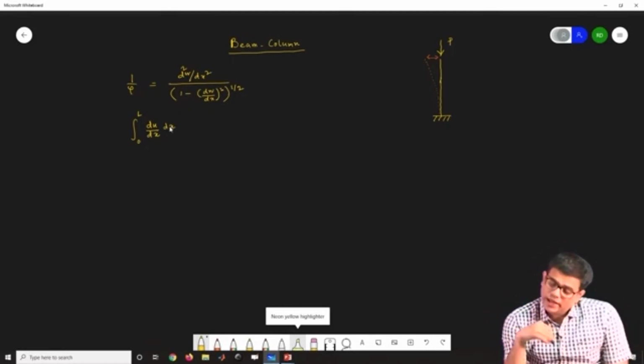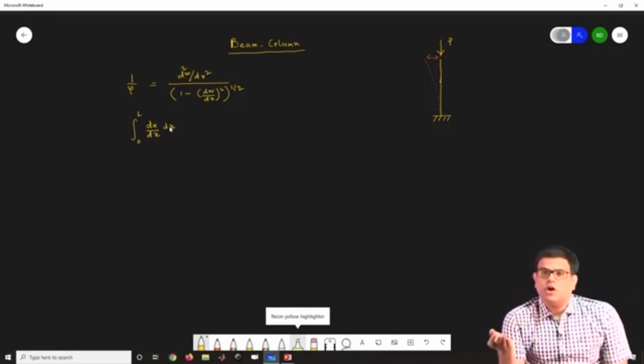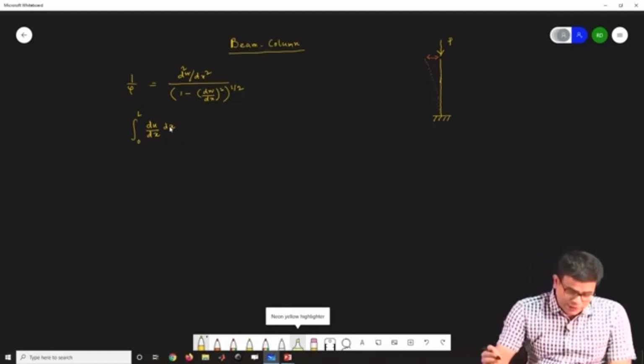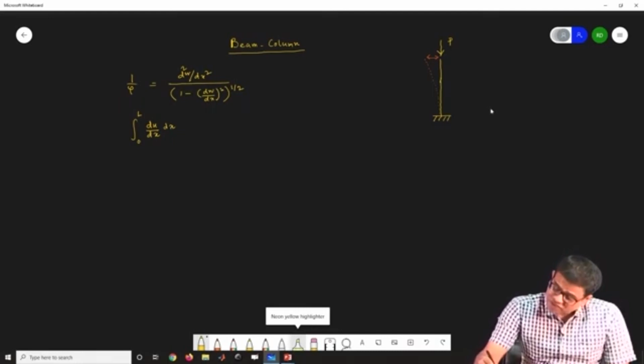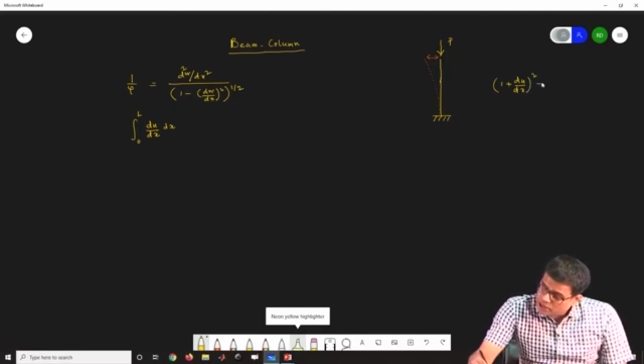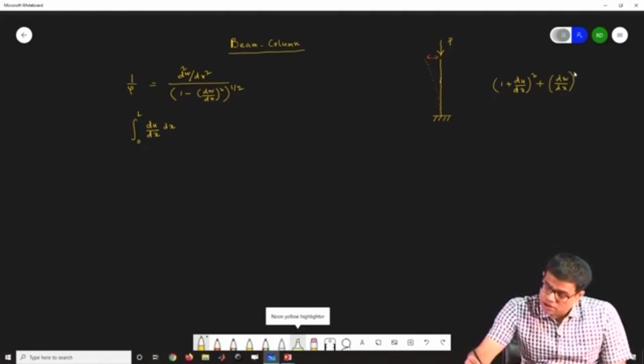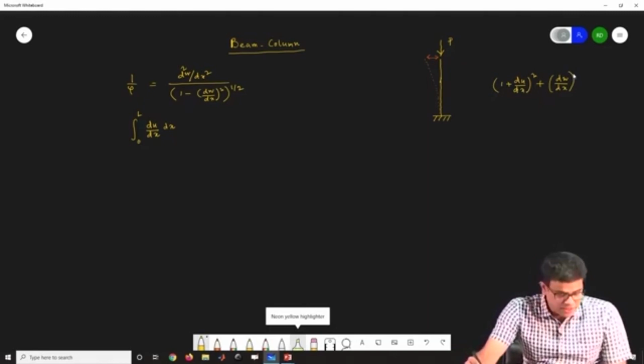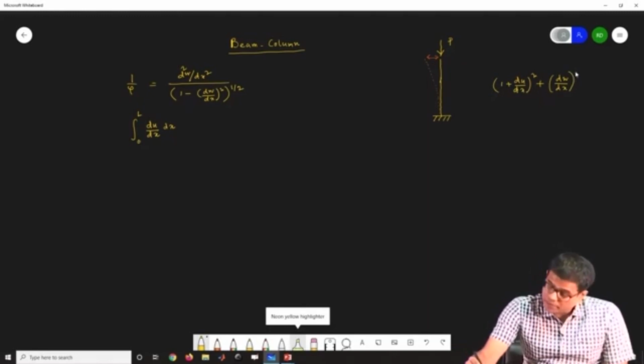Now, if I assume that the column is incompressible, that means volume change is not permitted, then from the theory I can establish a relation, which is essentially (1 plus du dx) whole square plus (dw dx) whole square equals 1.